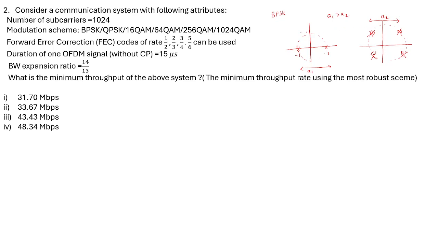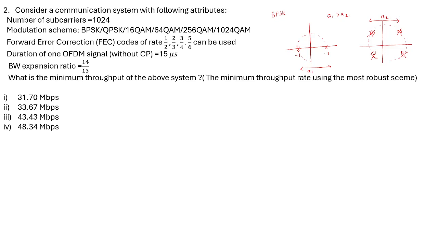And similarly, for 16 QAM or 64 QAM, you are encapsulating more symbols inside the same constellation space. What is going to happen? The mutual difference between these symbols becomes less, and that means it has become harder to decode. That is why the probability of error is going to be high.